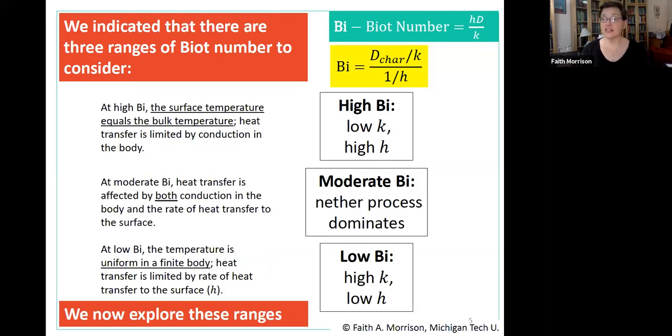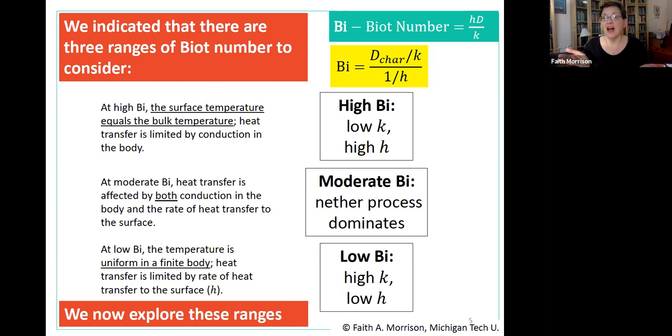During that conversation we just had, we said that the Biot number, because it's balancing out when these different resistances are high or low, there'll be three cases, not surprisingly.